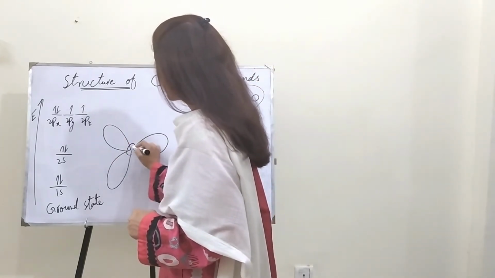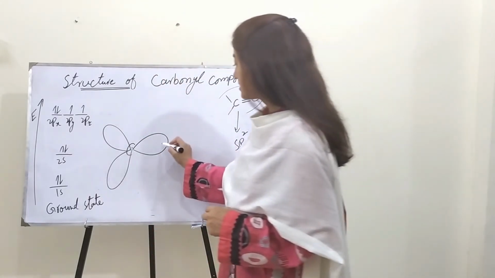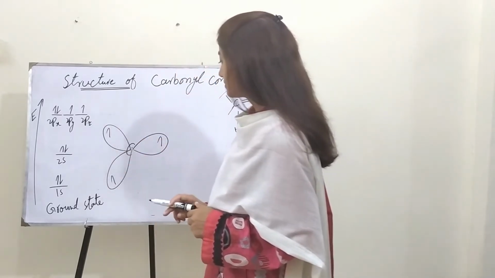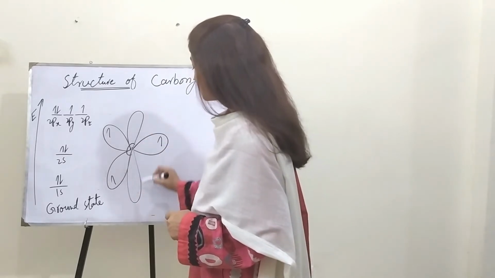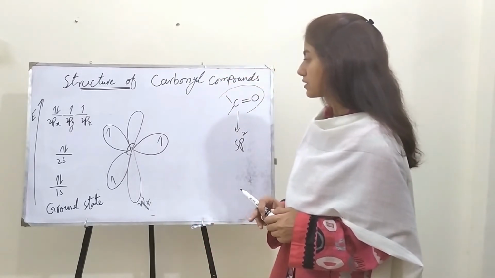We draw the sp2 hybrid orbitals of the carbon atom that are like this, and each of these sp2 hybrid orbitals contains 1 electron, and there is also an unhybridized 2pz orbital with the carbon atom.